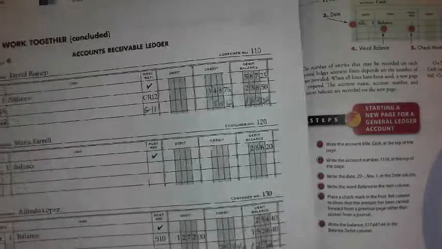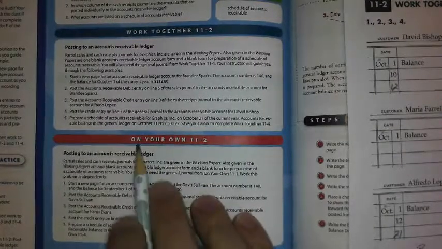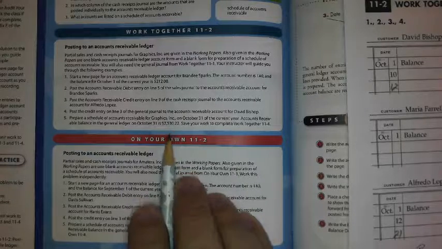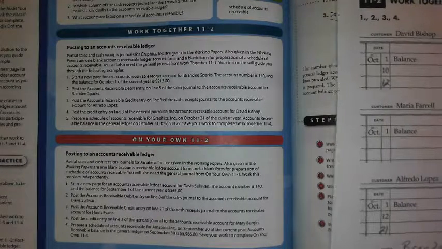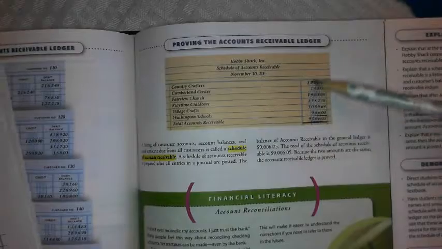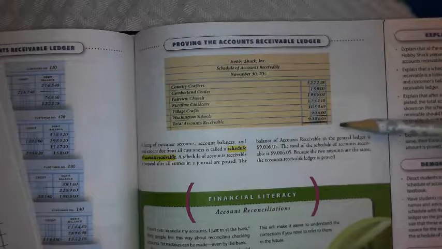So that brings us down to number 5, the schedule of accounts receivable for Graphics Inc. So it's basically a repeat of section 1. You're just going to list, once again, all the accounts and the total.